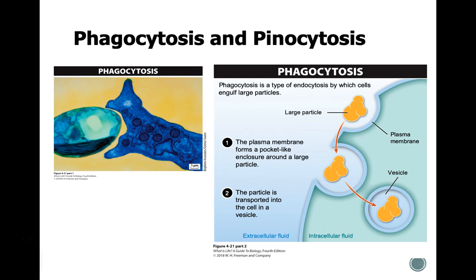So similar to phagocytosis is the process of pinocytosis. Pinocytosis is the same process except that it is moving in of fluids. So you still get the plasma membrane pulling around whatever particles you're trying to bring in and producing a vesicle, but this time with dissolved nutrients from the fluids around.